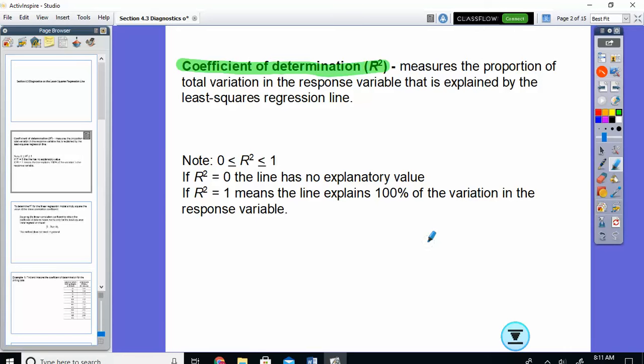So if it's 0, then the line has no explanatory value. It's not helpful at all. If it's 1, then it explains 100% of the variation. So this is used to decide how much variation in the response is explained by our regression line. The goal is a really good line would explain all the variability. A bad line is not going to explain the difference in the points and what we actually saw.